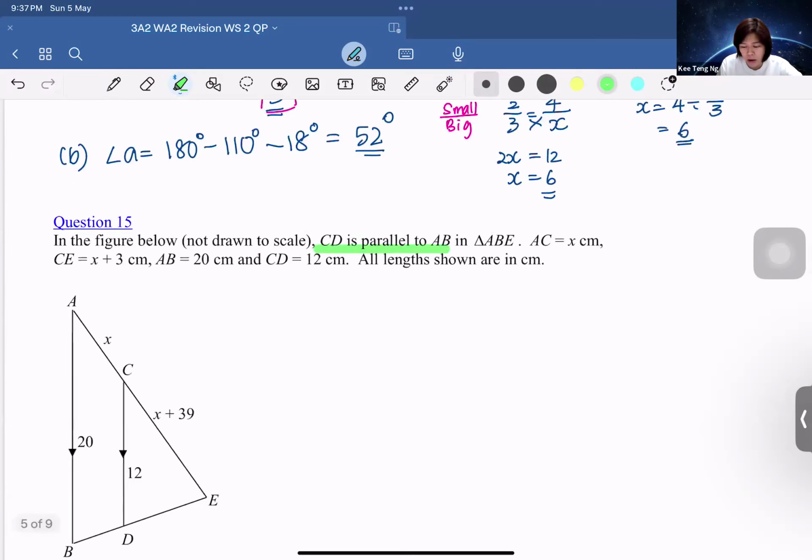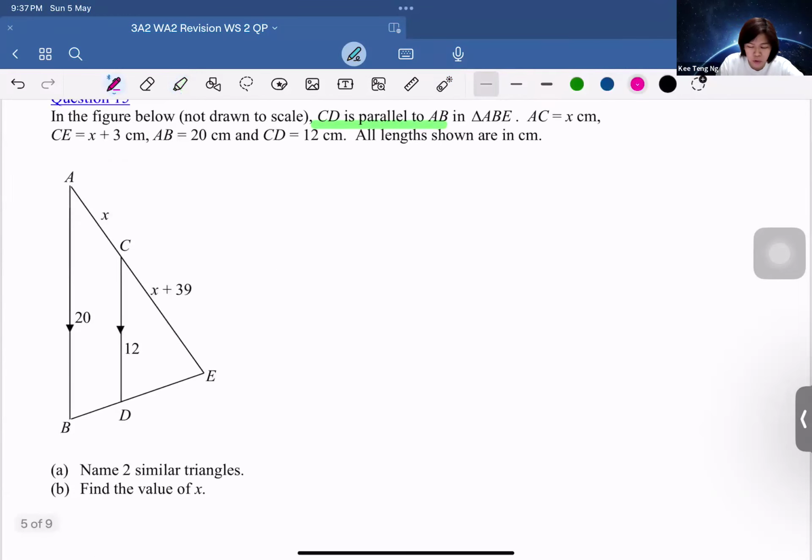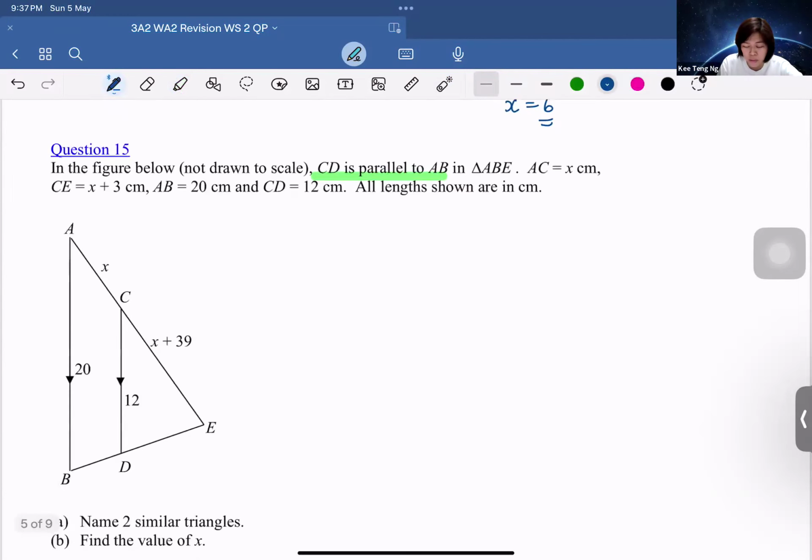When you have CD parallel to AB, some of you who paid attention in class will remember there are some angles that are useful: alternate angles, interior angles, and vertically opposite angles.